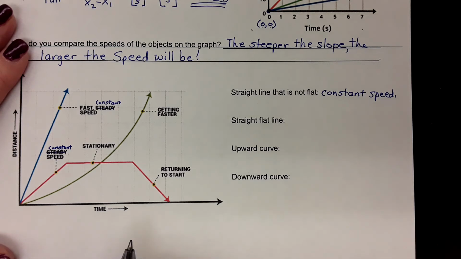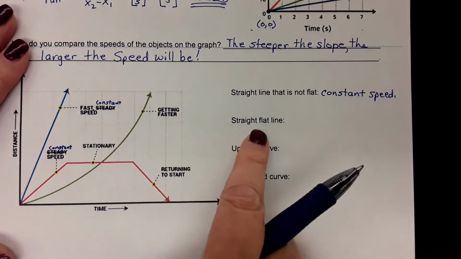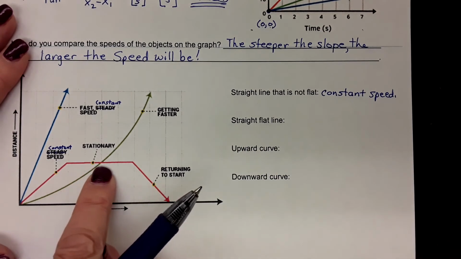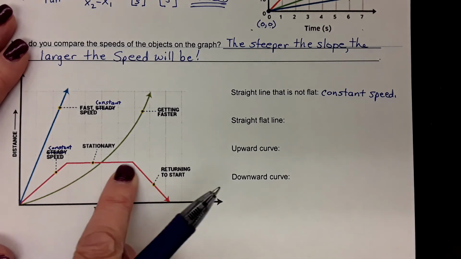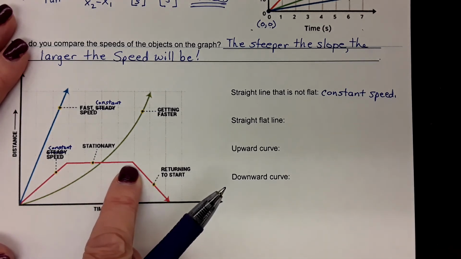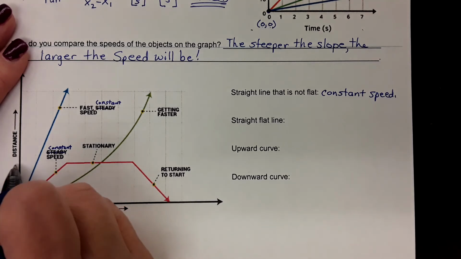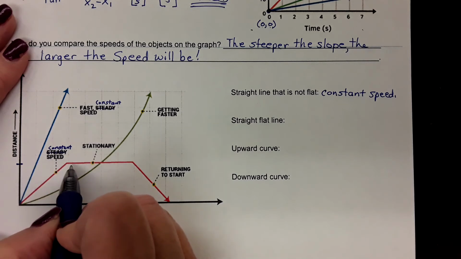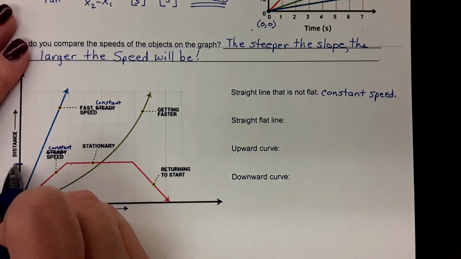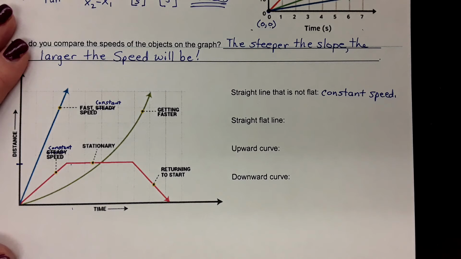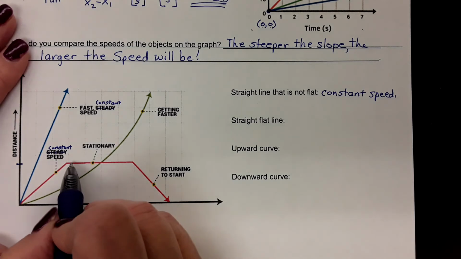Now, if you have a straight line that is flat, like this one, it has no steepness. Flat means no steepness. This is an object that does not change location. Look over here on the y-axis. At every point in time, the distance, its location, stays constant or stays the same.